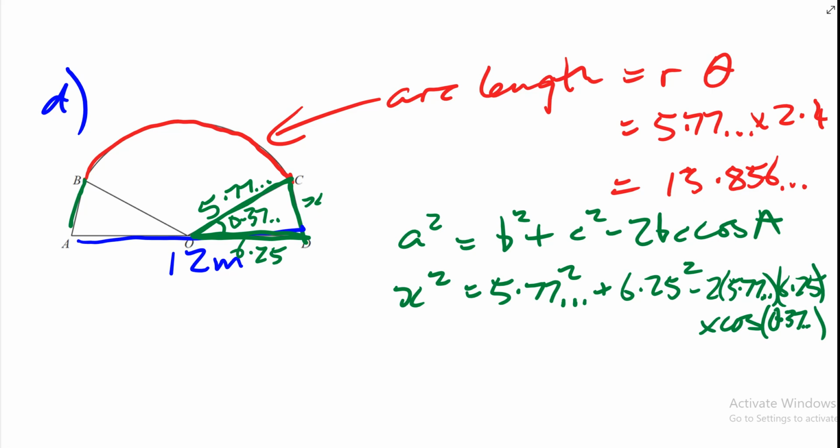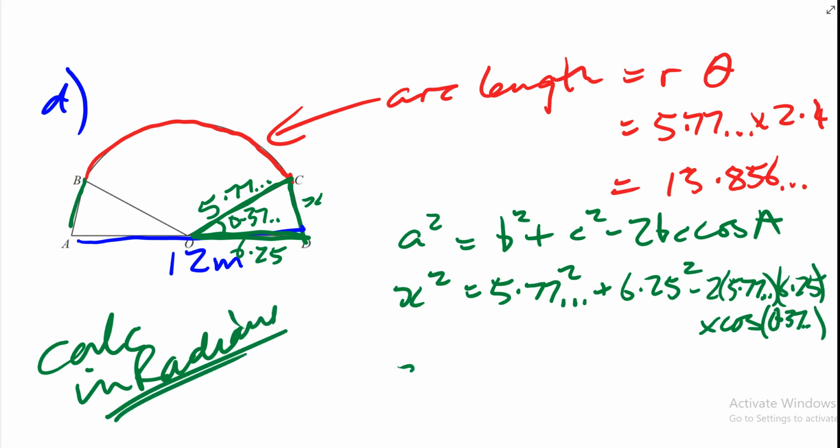So just whack all that in your calculator, but make sure your calculator is in radians, and you should get x is 2.2653.